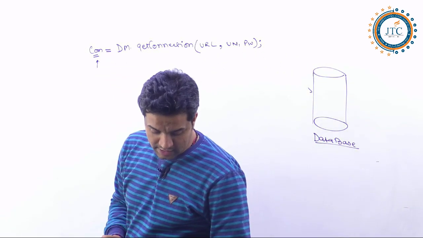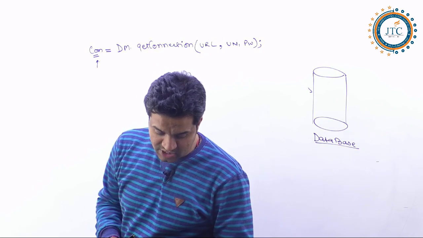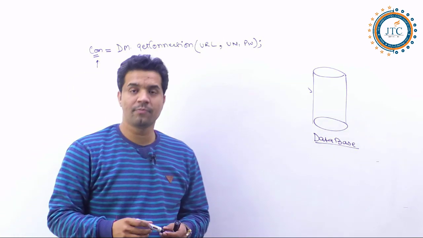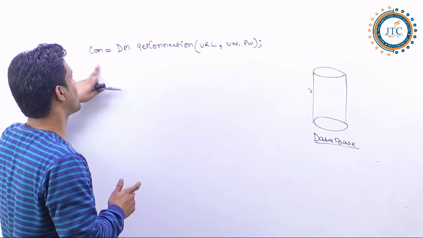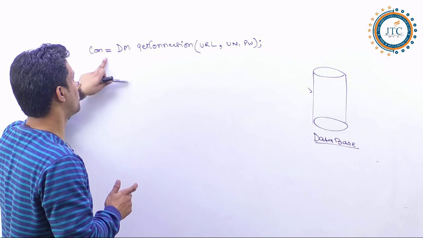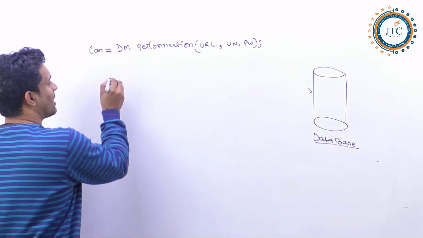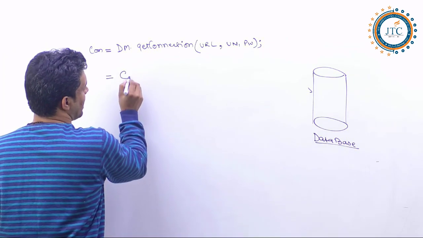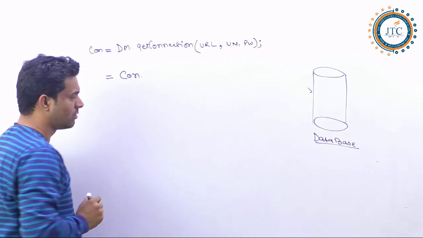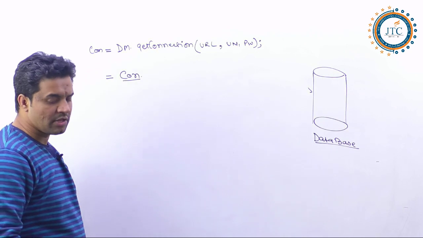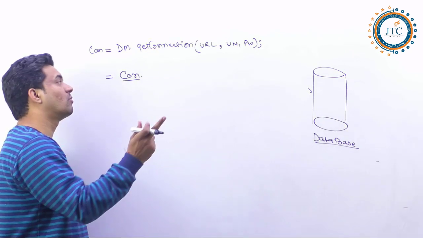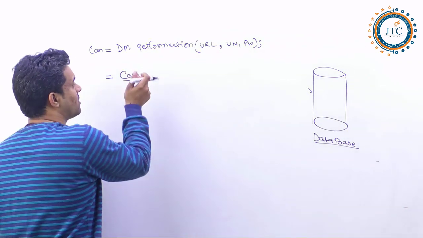When you get the object of type Connection with the help of DriverManager, you then use this Connection type of object in order to create the object of type Statement.